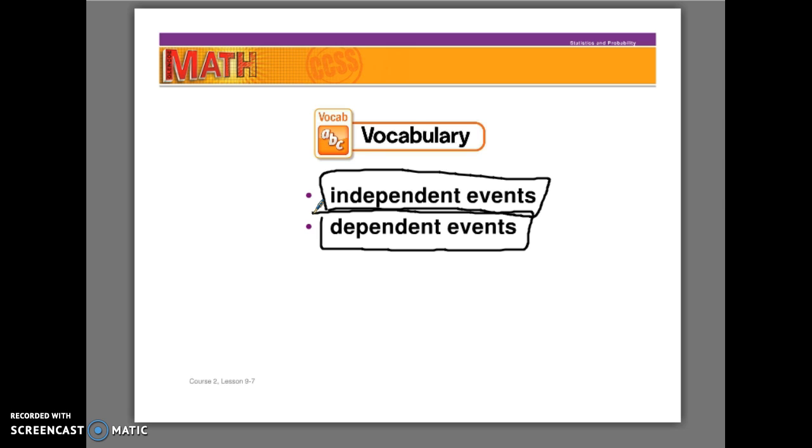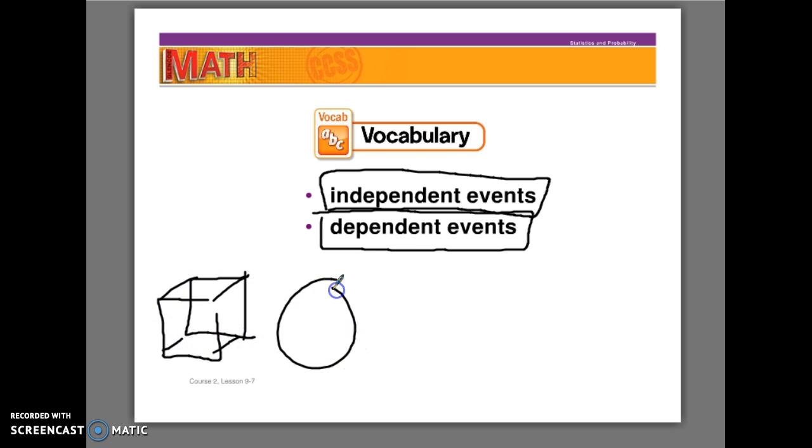Okay, so an independent event would be like you have a dice and a spinner. If I roll the dice, that's not going to affect what I land on my spinner. A dependent event is going to be an event that depends on what happens the first time.